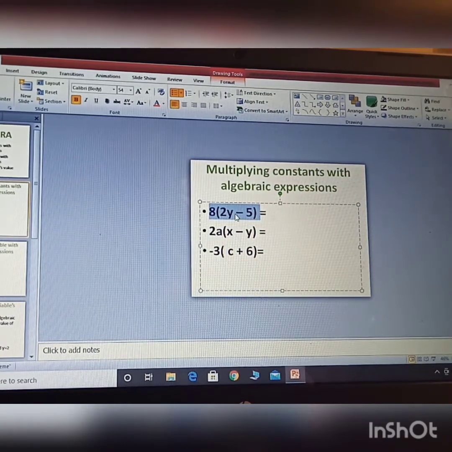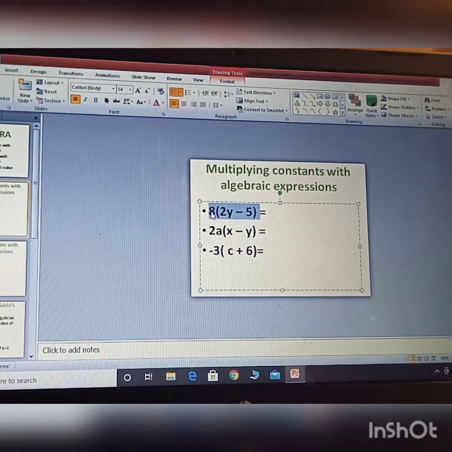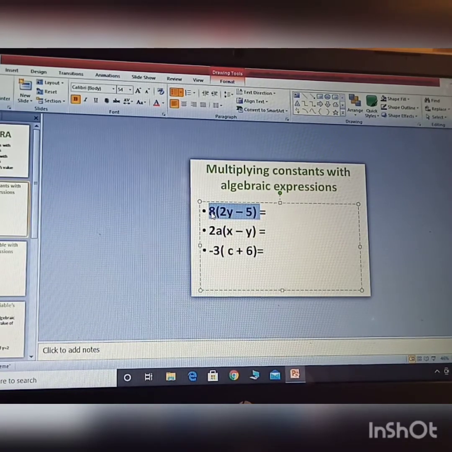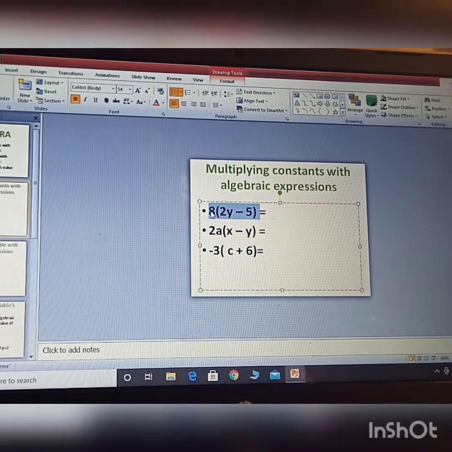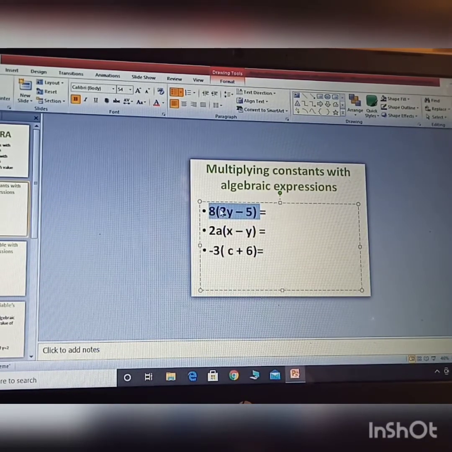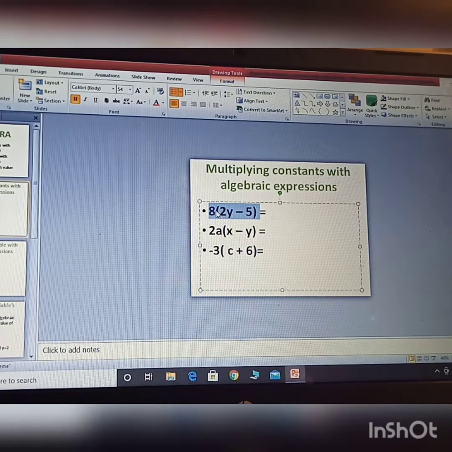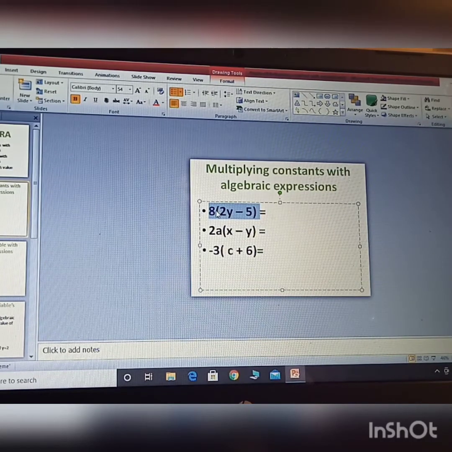So it's very simple, students. This is a constant, and you remember that a constant is a term which will remain the same. The value will not change at all. In the previous video, I guided you in detail about constants, variables and coefficients.